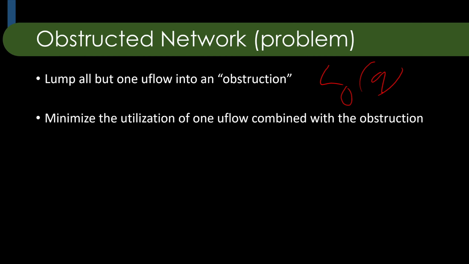So we want to minimize the utilization of the U flow. So let's say U of A plus load obstruction of A. We want to minimize that. Note, however, that this is not the same as minimizing this utilization and this utilization. We can imagine that if we had two arcs, and the load did 1 and the flow did 1, let's say that these are both capacity 1, then the utilization of the whole thing is the maximum of them, not the sum.